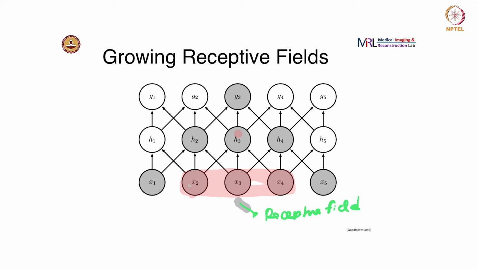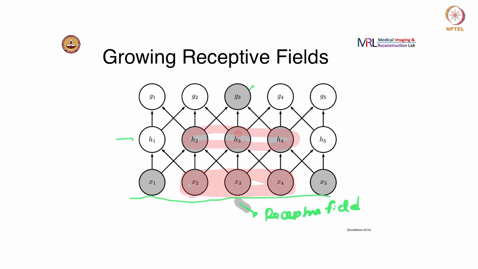Now if you consider a fully connected network, then for every output unit, the entire X1 to X5 is the receptive field. But let's go one more layer deep, and we do the same kind of connections. You'll see that G3's receptive field, if you call it that, is just again these 3.